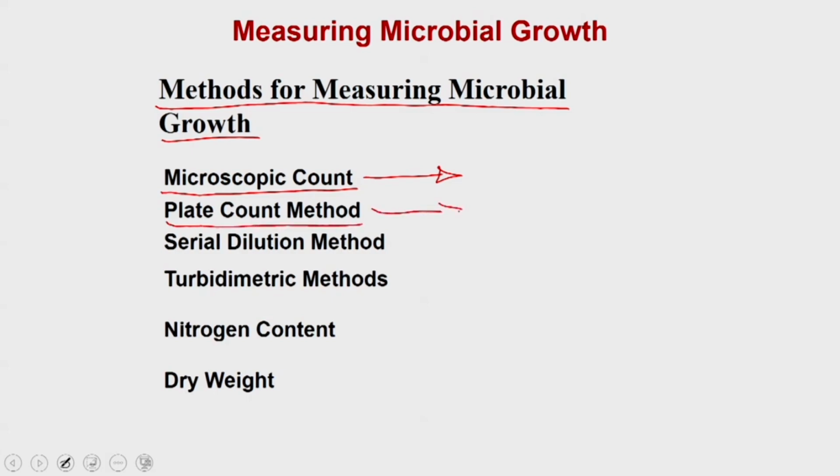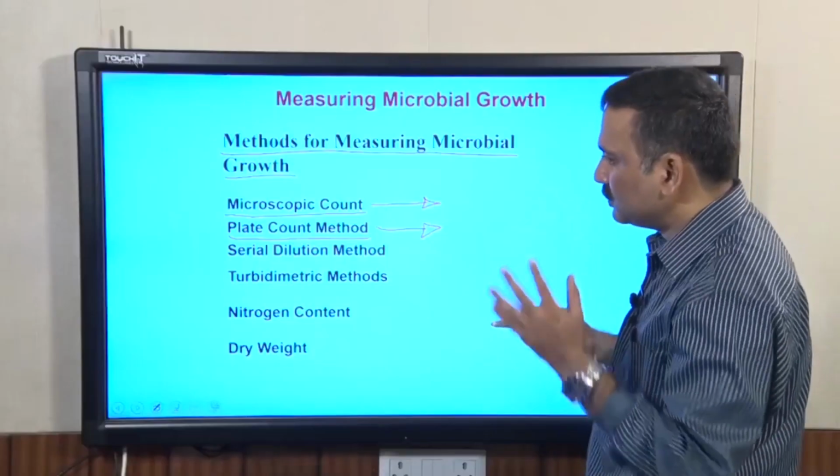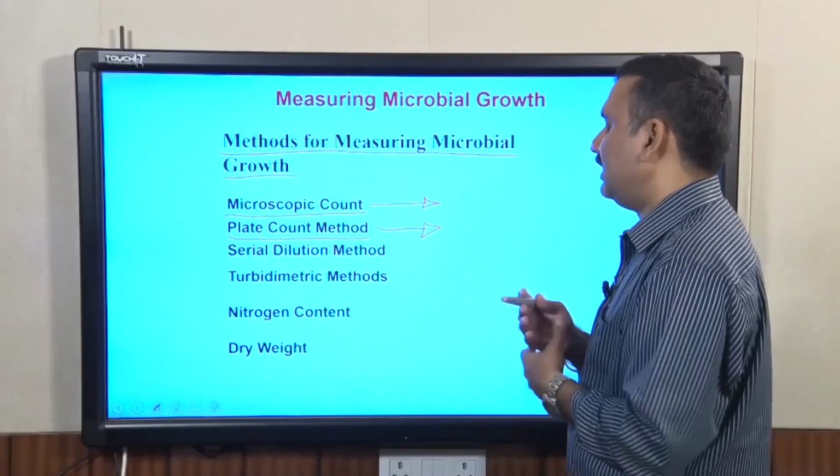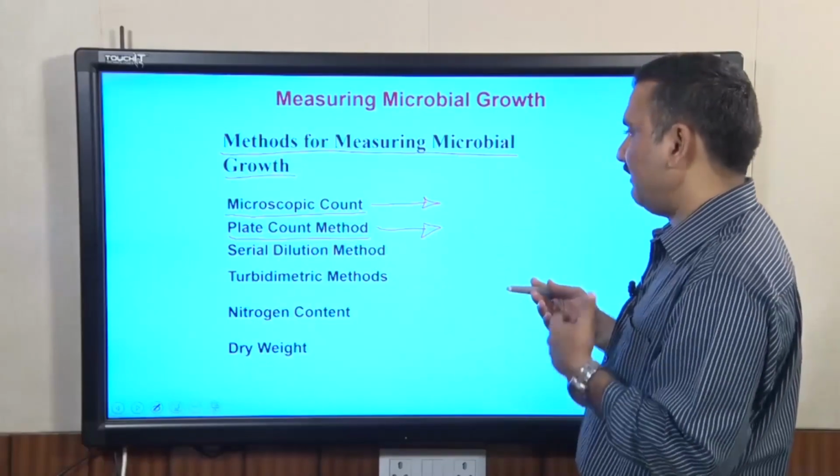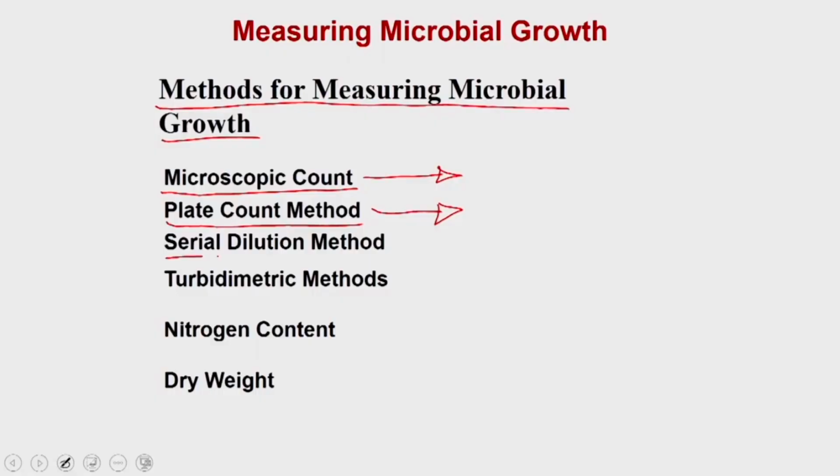In the plate counting method, you can plate the bacteria on a plate, and then count the number of colonies you are getting, and indirectly you can use a conversion factor to calculate the number of bacteria present in your given solution. Then you can also use the serial dilution method, in which you dilute the bacterial colonies in a liquid media, and then eventually use the plate counting method to count the number of bacteria present in your diluted media.